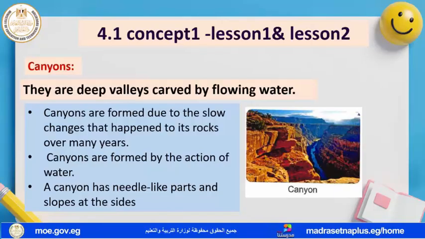They make changes over 100 or more than 100 years. So it takes a long time. Canyons are formed by the action of water. So the force of water makes a canyon.